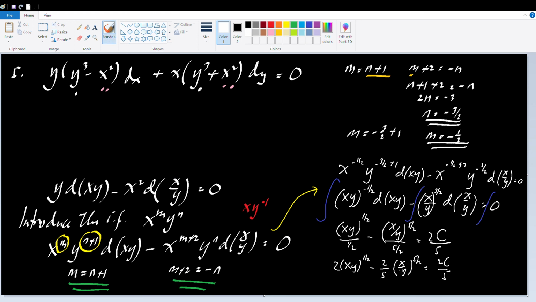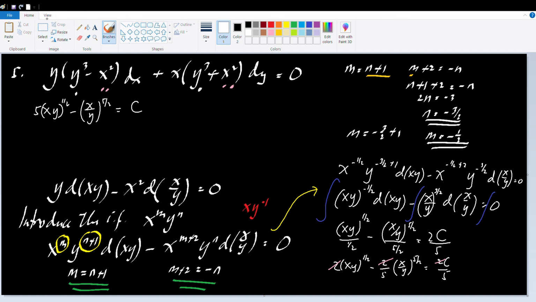So we can cancel all the 2's and multiply everything by 5. So that will be 5xy to the 1/2 minus x over y to the 5 halves equal to c.